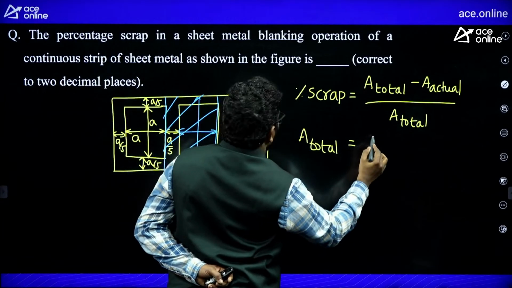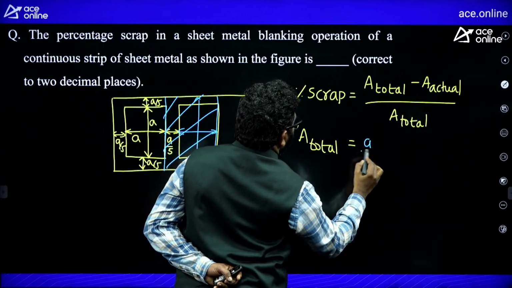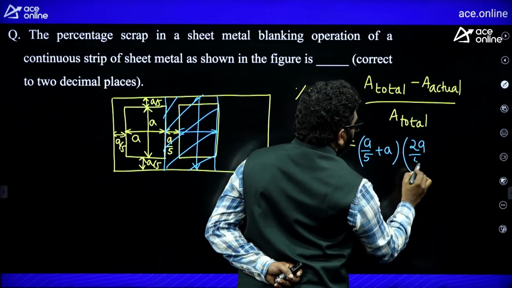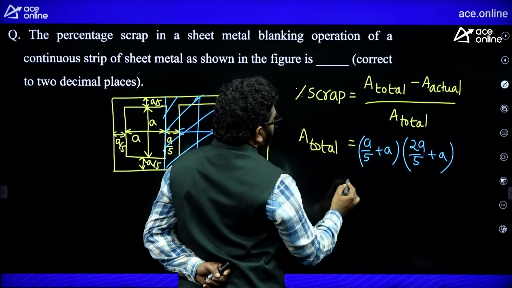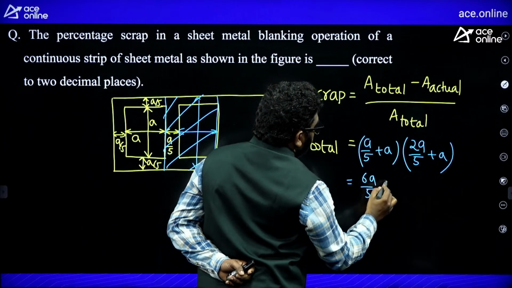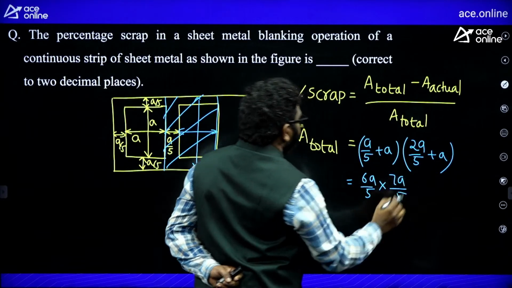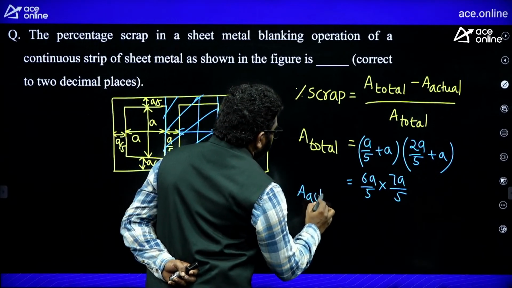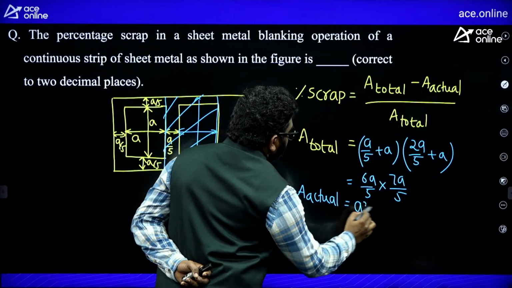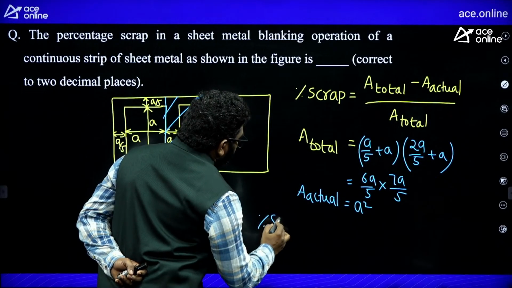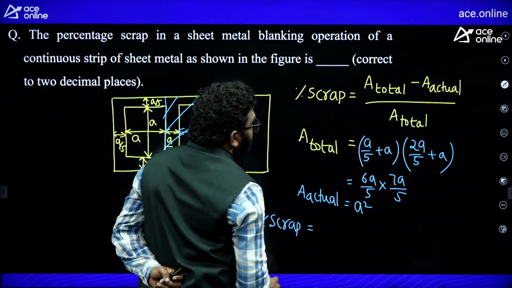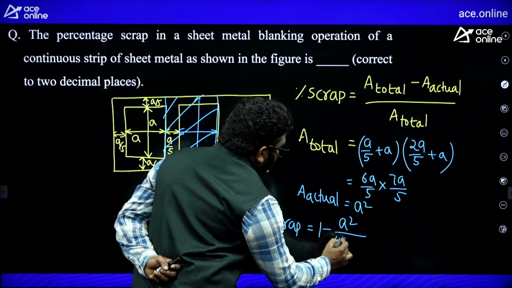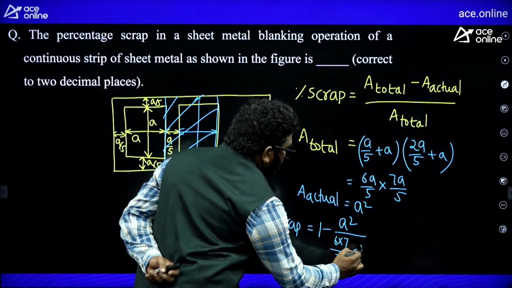Total area is A by 5 plus A into 2A by 5 plus A, that is 6A by 5 into 7A by 5. And the actual area is equal to A squared. Now percentage scrap is equal to 1 minus A squared divided by 6 by 5 into 7 by 5 A squared.